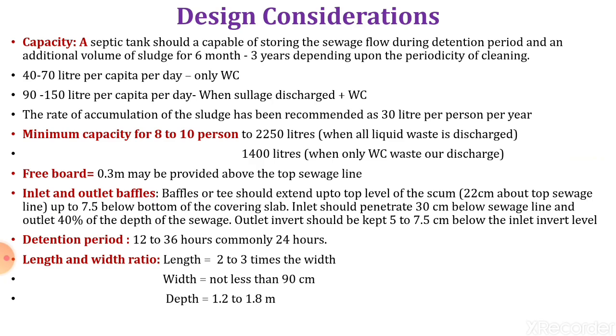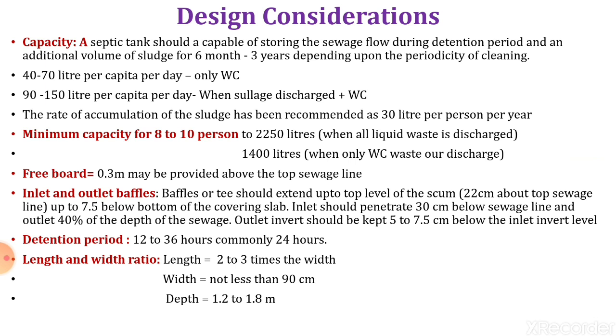Let us see the design parameters associated with the construction of the septic tank. Capacity. A septic tank should be capable of storing the sewage flow during the detention period and an additional volume of sludge for 6 months to 3 years depending upon the periodicity of cleaning.